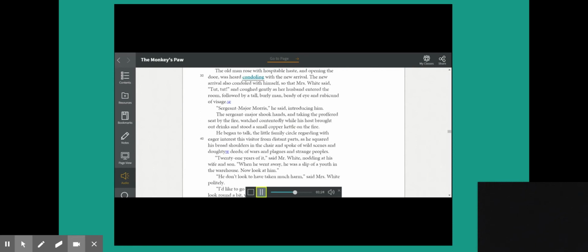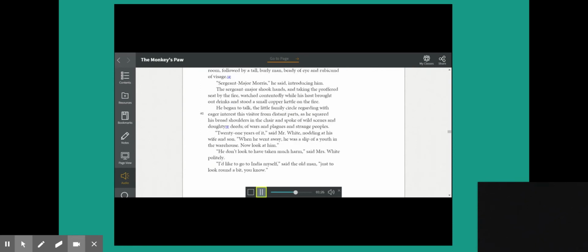"Sergeant Major Morris," he said, introducing him. The sergeant major shook hands, and taking the proffered seat by the fire, watched contentedly while his host brought out drinks and stood a small copper kettle on the fire. He began to talk, the little family circle regarding with eager interest this visitor from distant parts, as he squared his broad shoulders in the chair and spoke of wild scenes and doughty deeds, of wars and plagues and strange peoples.